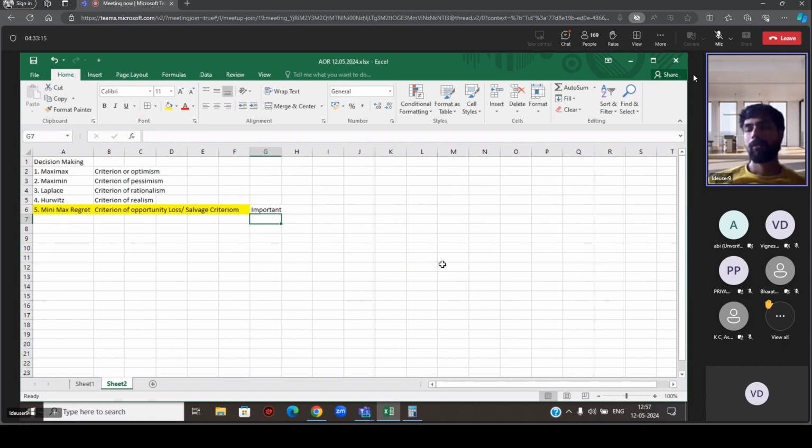In this, what you need to do is, there is something called strategies, there is something called states of nature, and there is something called payoff. These three things you have to remember.